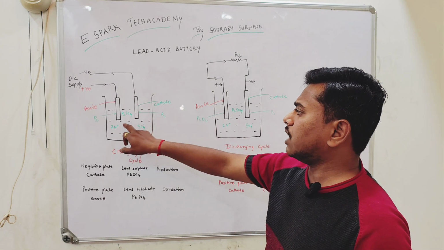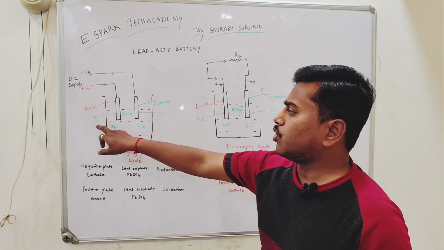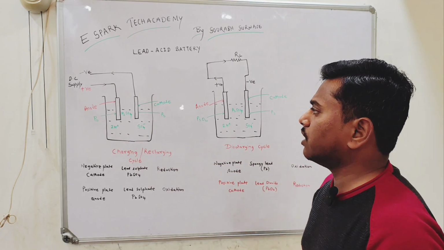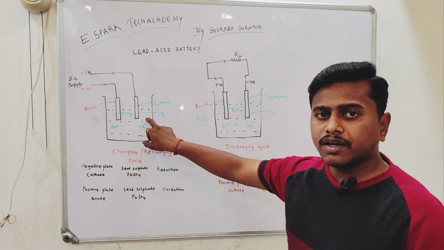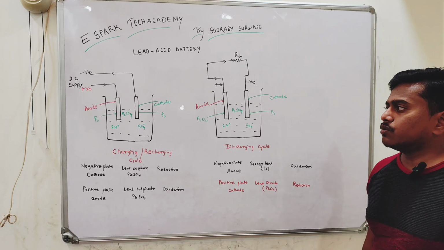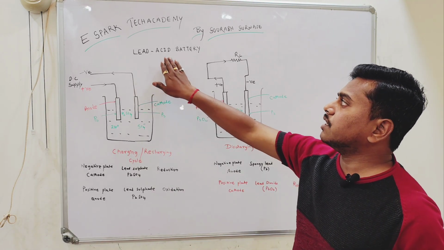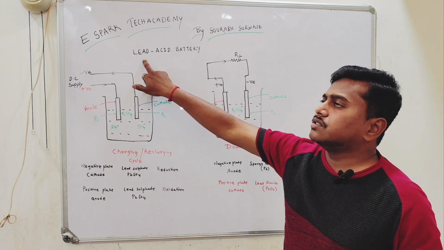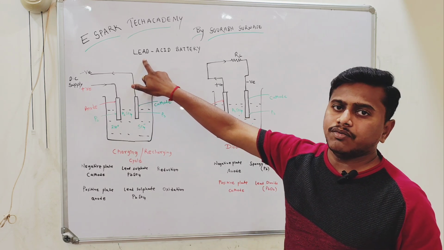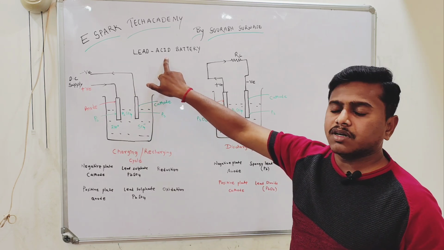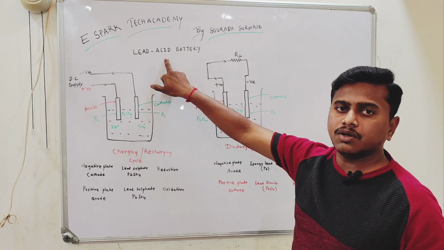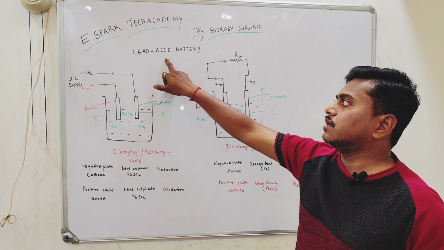Both electrodes are made up of lead. The spongy lead is used as the electrode, and the electrolyte solution used is H2SO4, sulfuric acid. That's why the name is lead acid battery. The electrodes are made of lead, and the acid is sulfuric acid, which is used as the electrolytic solution in this battery.